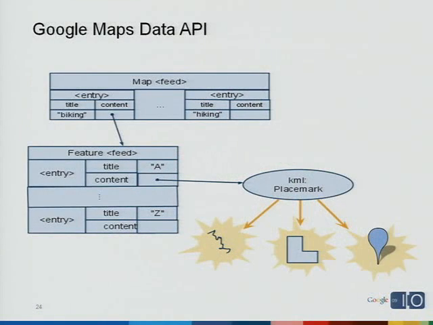The bulk of the information is specified in the content tag of the feature entry, and the content is simply KML. KML is an Open Geospatial Consortium standard that was originally written for Google Earth. We don't currently support all of KML, but we're working on supporting all of it right now.